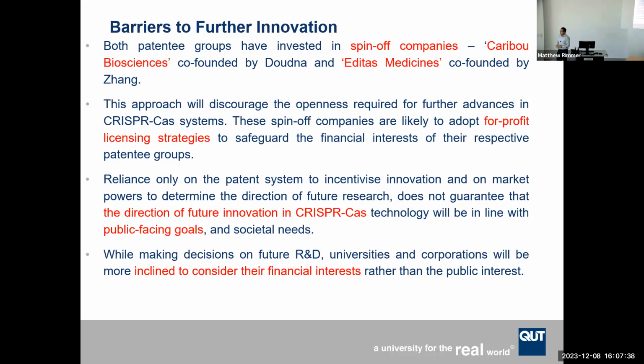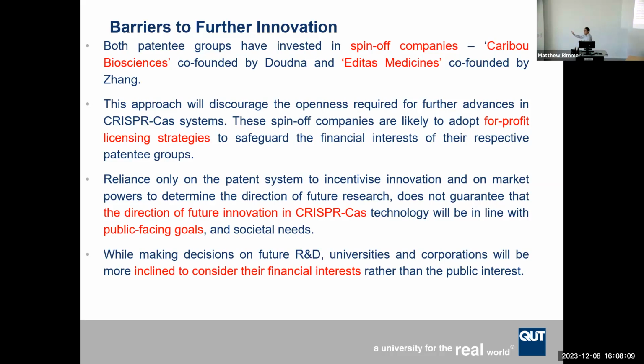Now, if we leave it to the traditional R&D mechanism incentivized by the patent system, by the 20-year monopoly, and we leave it to the corporations to make those R&D decisions, they are more inclined to focus on wealthy populations in wealthy countries and their problems, so that they can make the maximum revenue out of those R&D costs.